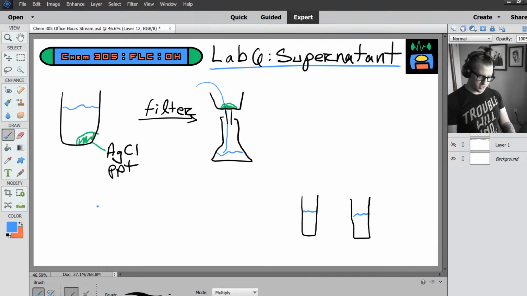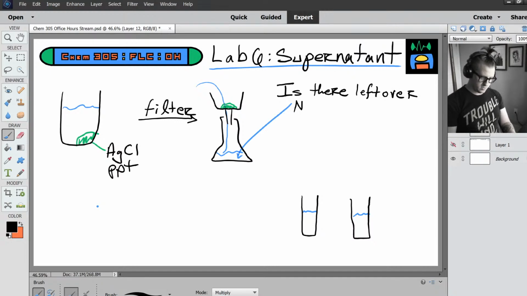So here's the big question. In this supernatant, or now we can call it a filtrate, is there leftover silver nitrate or copper chloride?